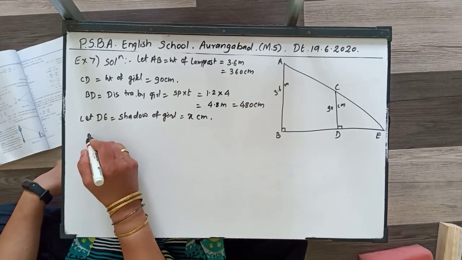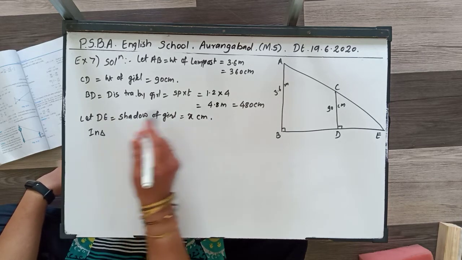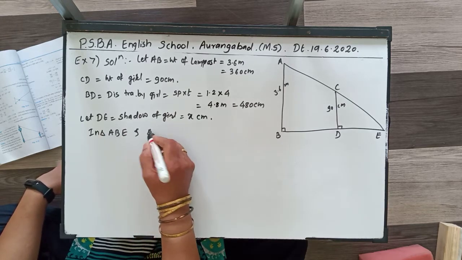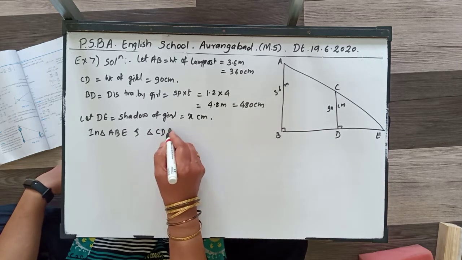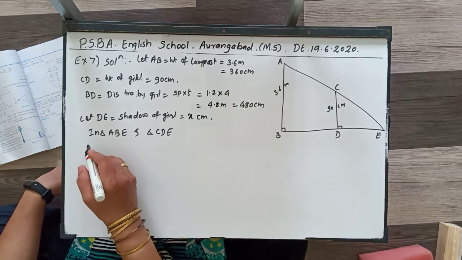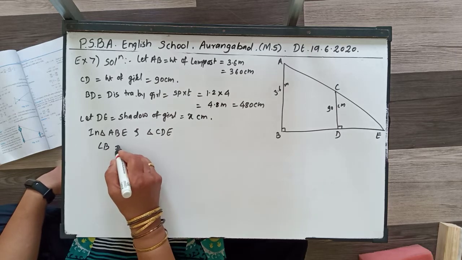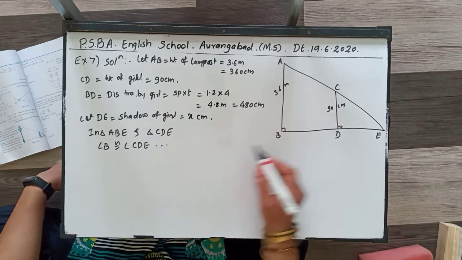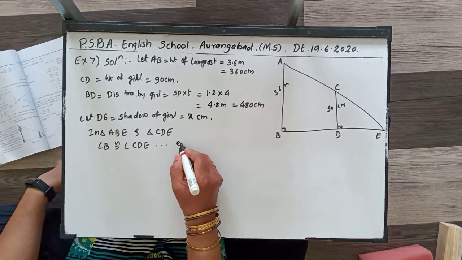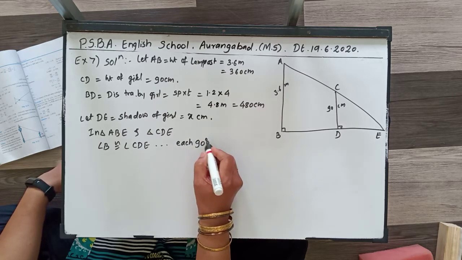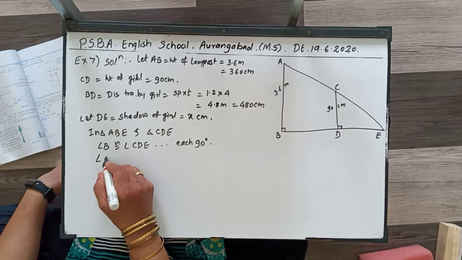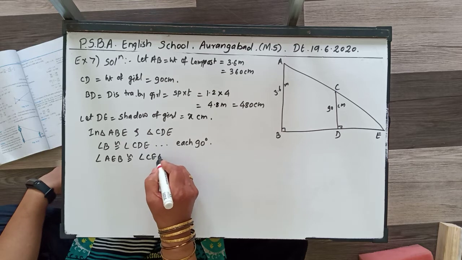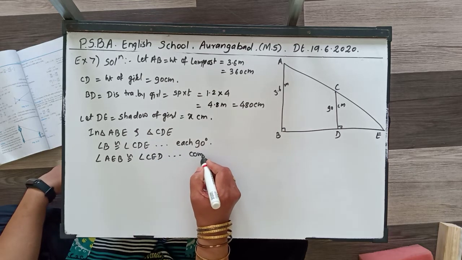Correct? Now here in triangle ABE and triangle CDE, we have angle B is congruent with angle CDE, because these two are perpendicular to the ground, each 90 degree. Correct? Angle AEB is congruent with angle CED, common angle.